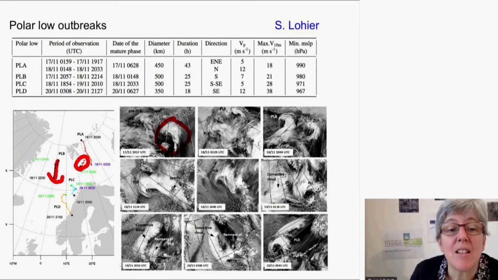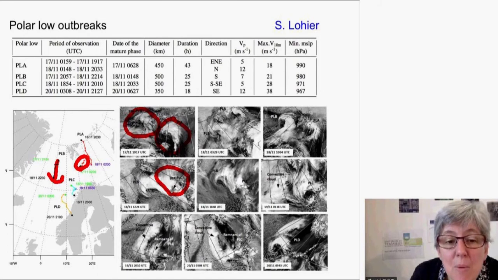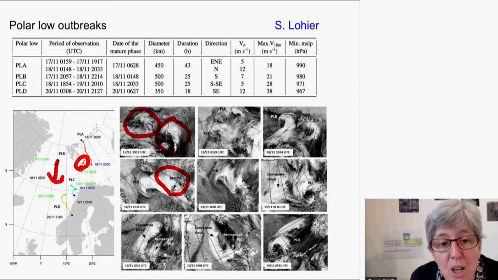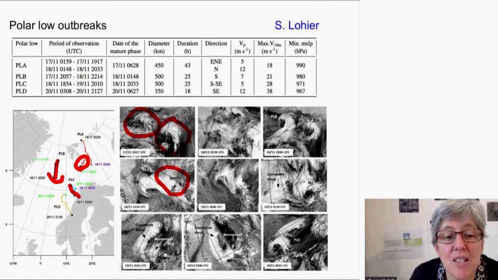And it can be seen here on the satellite image, and it can be followed on the other satellite images. And at almost the same time, a little bit later in time, you have a third polar low which formed indeed in the cloud fields that are part of polar low B, and this is polar low C, and this one will have a direction towards the east.